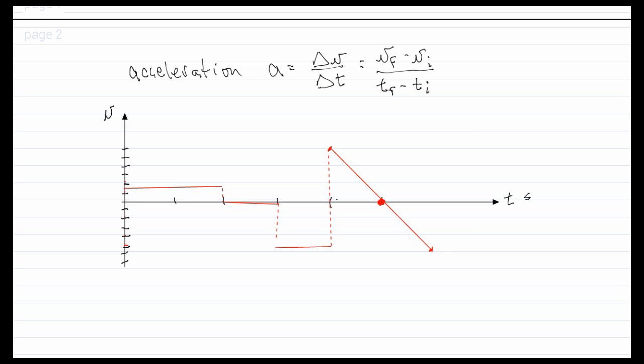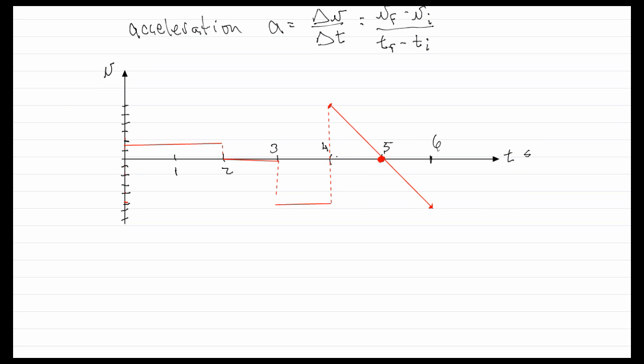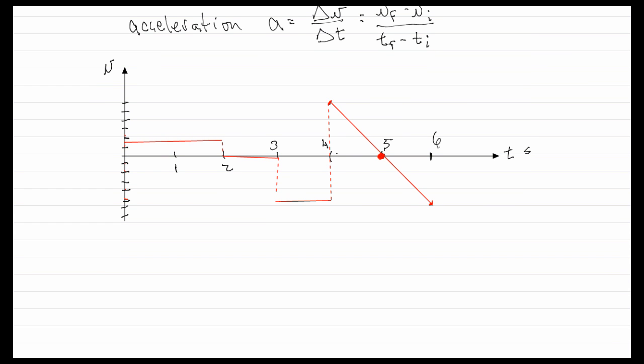So let's just label a few of these times. This was 1. Hold on. This is 1, 2, 3, 4, 5, and over here we have 6. Great. Okay. So what does the acceleration versus time graph look like? Well, let's draw a graph.